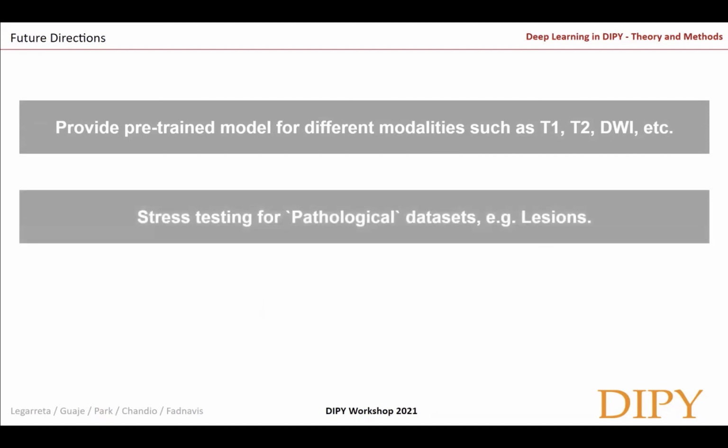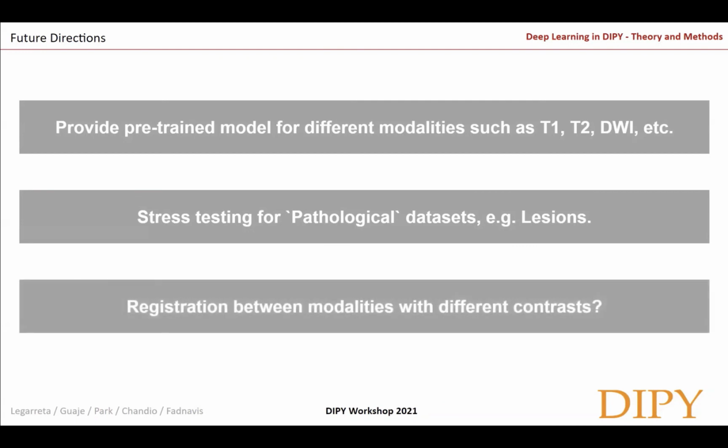Then we are also stress testing for pathological data. Pathological data, for example, could be lesions, tumors, something of that sort. We haven't stress tested for that, and that is an essential aspect that we want to test for before deploying it. And lastly, we want to also be able to do the registration between modalities.